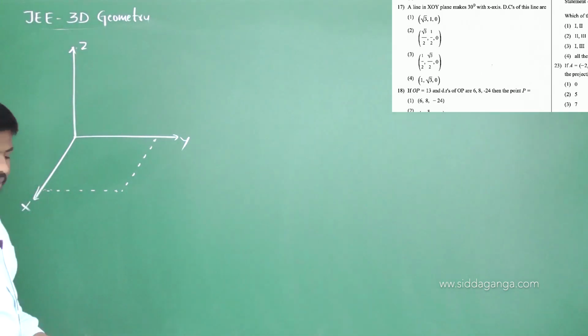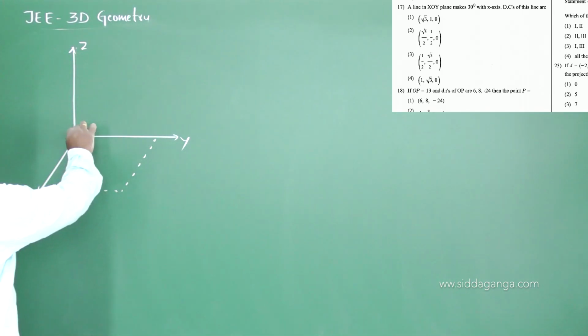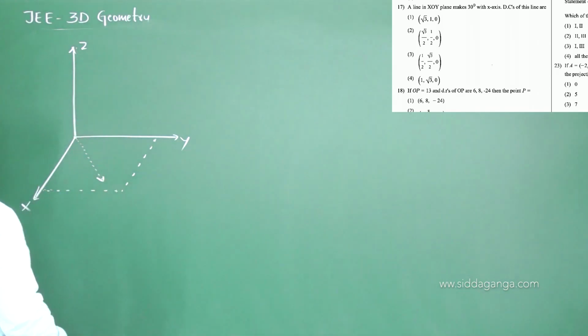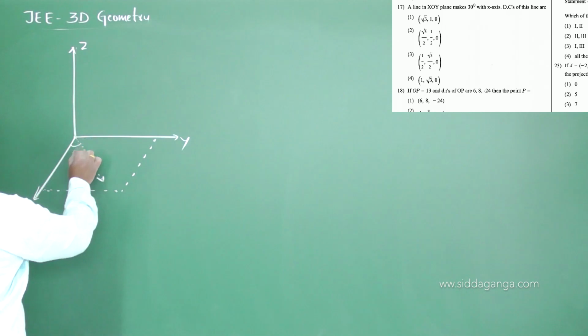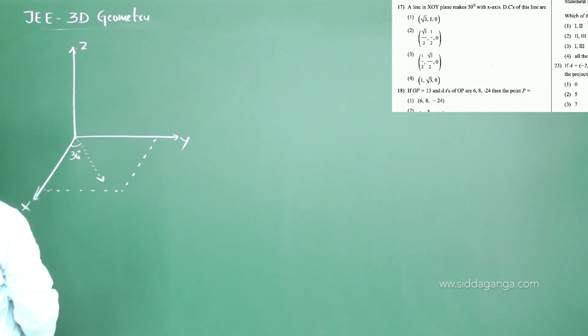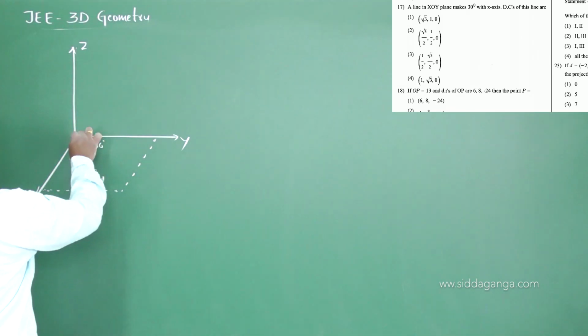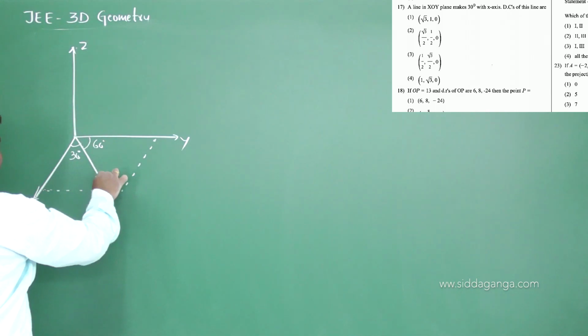A line makes 30 degrees. Let us take this is a line. This line makes 30 degrees with the x axis. Then what is the angle between the x and y axes actually? 90 degrees. Of course, then this becomes 60 degrees.